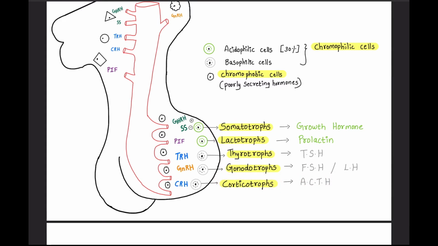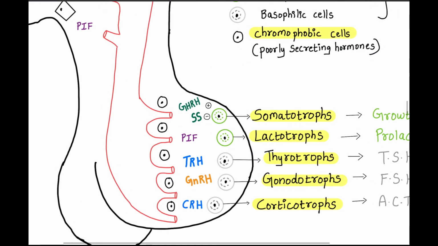So somatotrophs secrete growth hormone, lactotrophs prolactin, thyrotrophs thyroid stimulating hormone, gonadotrophs follicle stimulating hormone and luteinizing hormone, and corticotrophs adrenocorticotrophic hormone. Growth hormone releasing hormone stimulates somatotrophs and releases growth hormone.